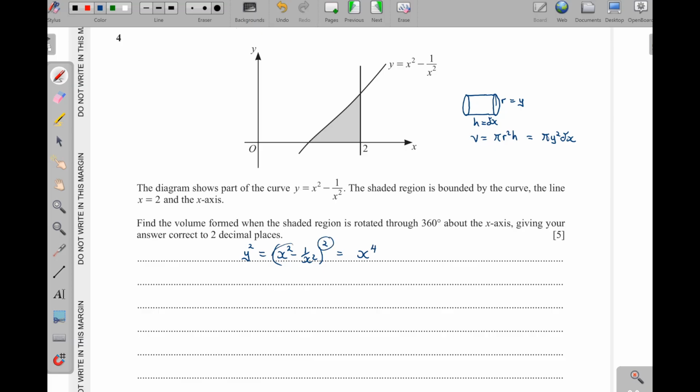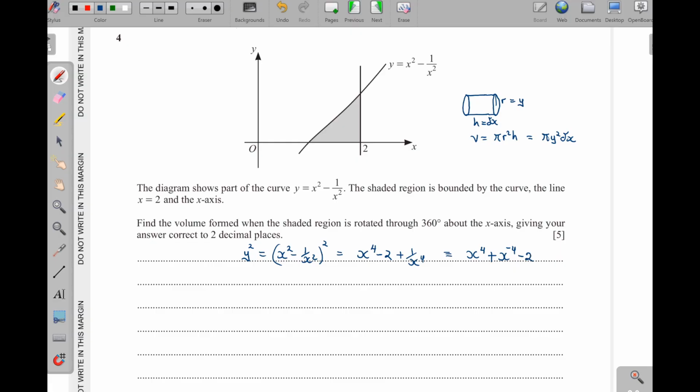Then 2 times this times that, you will get minus 2. Then square this one here, that will be 1 over x to the power 4, which I can write as x to the power 4, then plus x to the power negative 4, then minus 2.